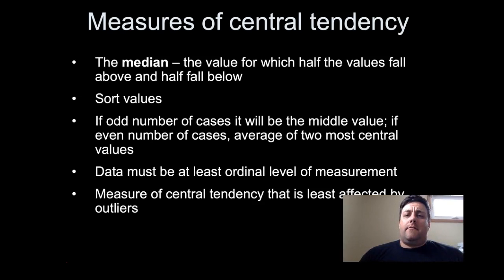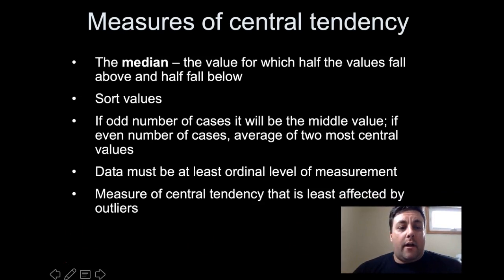Median is sort of the midpoint. So that's the value at which half the values fall below and half the values fall above. Best way to calculate the median: sort the values and then identify the one that comes in the middle. If it's an odd number of cases, it'll be exactly in the middle.